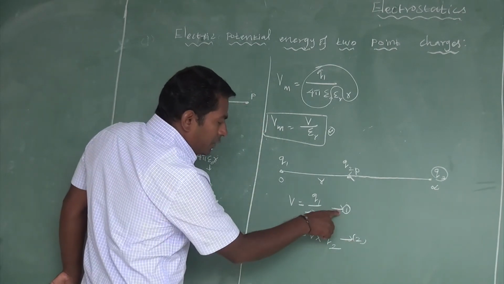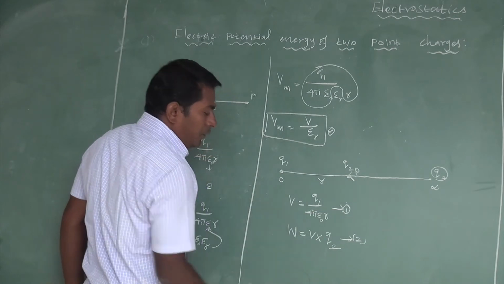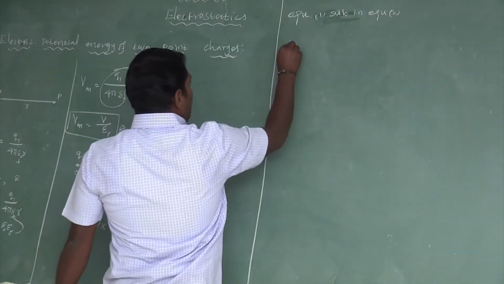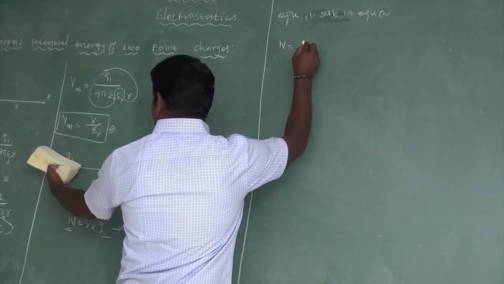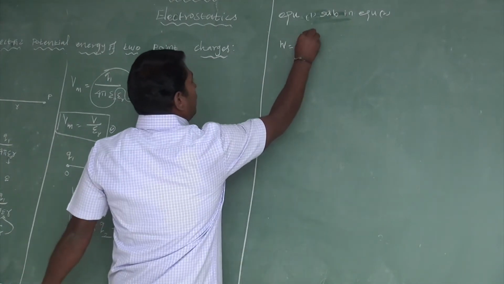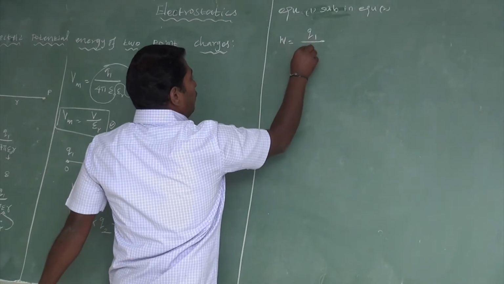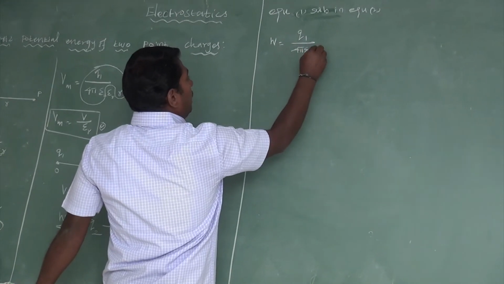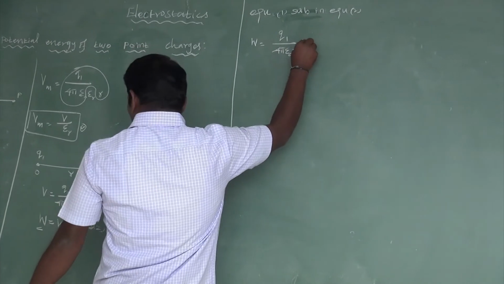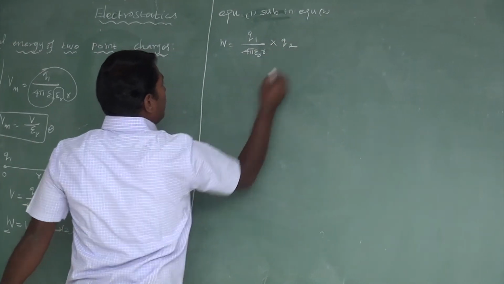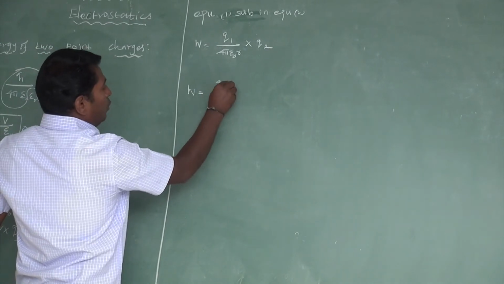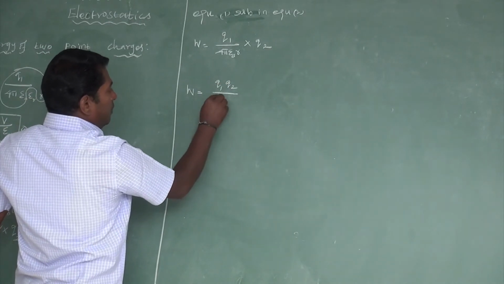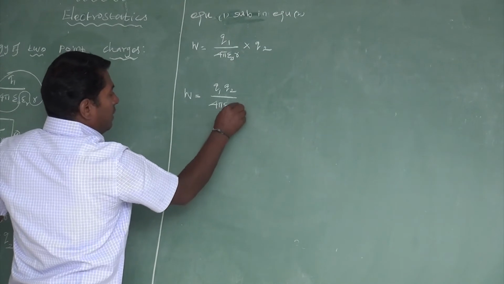Substituting equation 2 in equation 1, the total amount of work done W is the electric potential produced by the source point charge at point P, Q1 divided by 4 pi epsilon naught R, into the moving charge Q2. So the total work done W is equal to Q1 Q2 divided by 4 pi epsilon naught R.